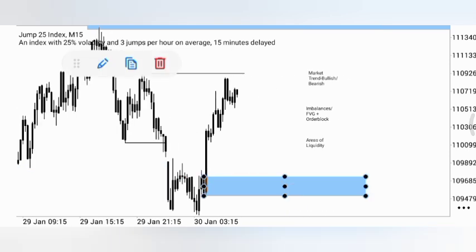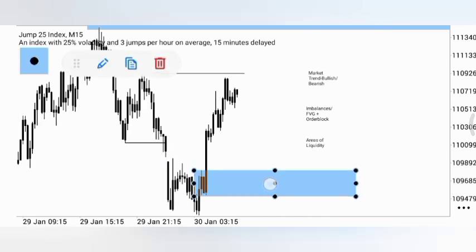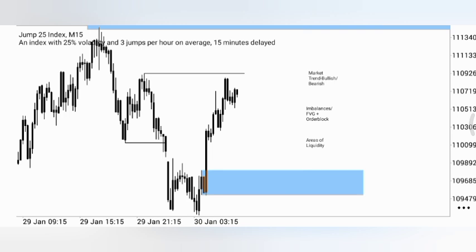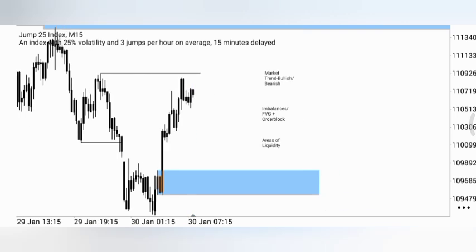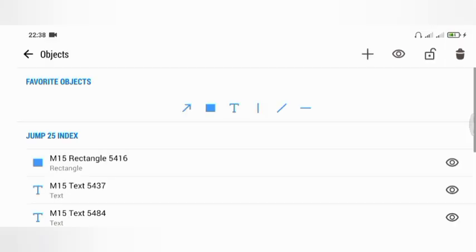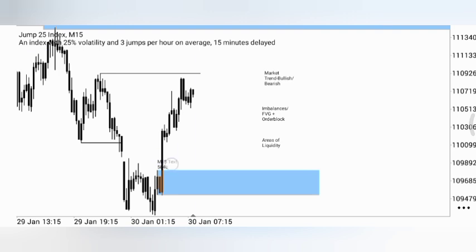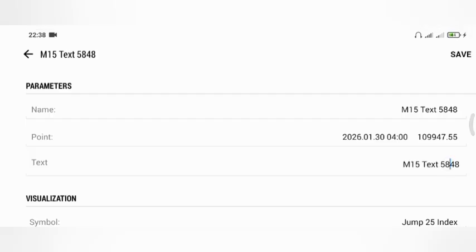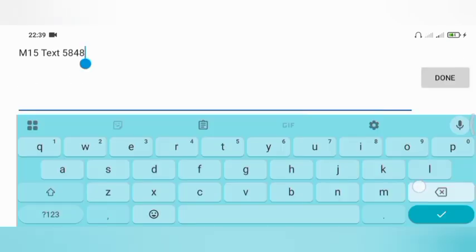It's a high probability setup for me, right? So let's just take this off, and then this is our order block, and this is our fair value gap, right? Fair value gap or imbalance is one and the same thing.